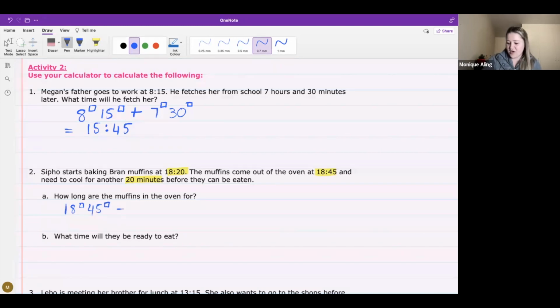Well done. So if you show your working out, it would be 18 time button, 45 time button, minus 18 time button, 20 time button, which gives you an answer of 25 minutes. Thank you, Sfiso. I see you ran away too quickly, so I couldn't grab you to do question B.